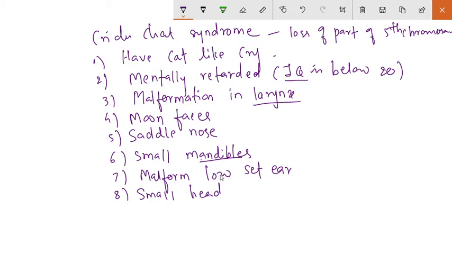Okay, then the next, the Turner syndrome also develops. Specifically, Turner syndrome also develops due to the loss of the chromosome or due to the deletion.